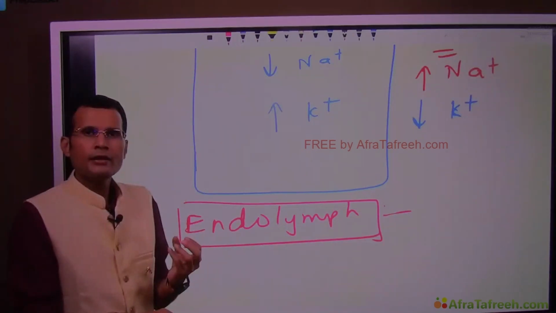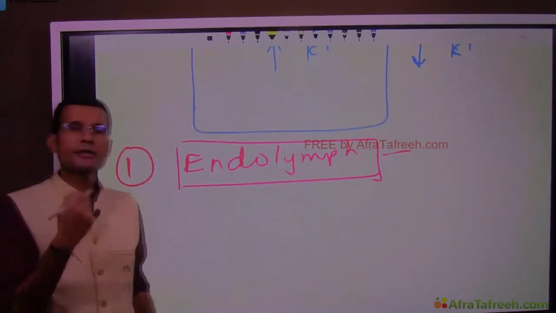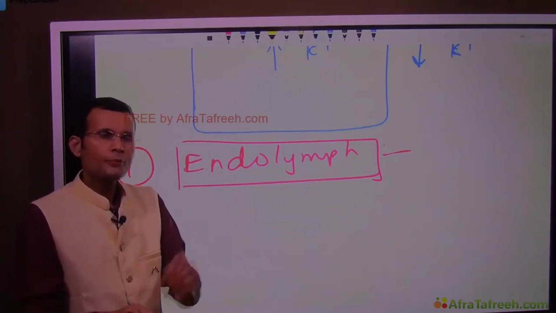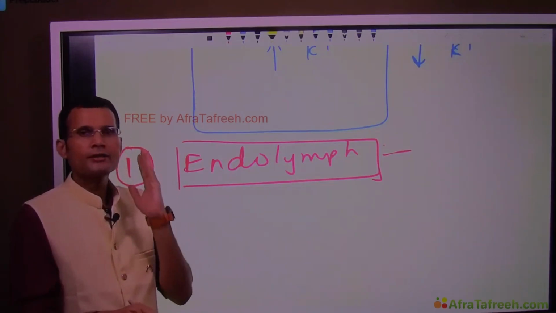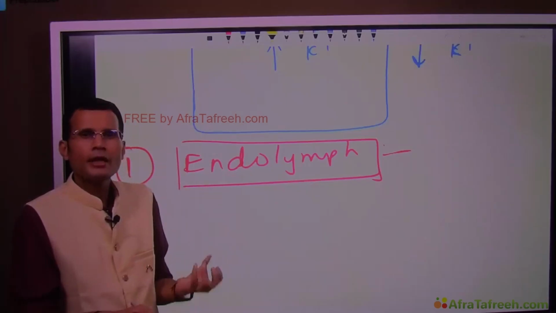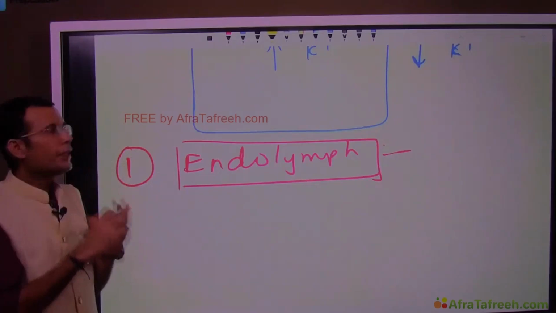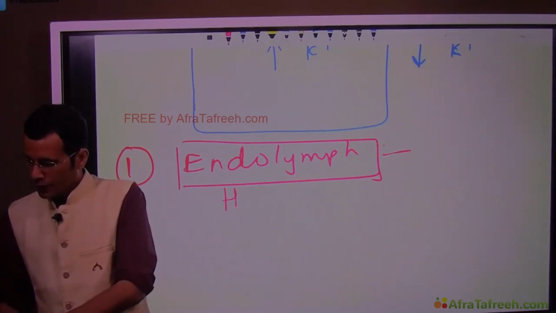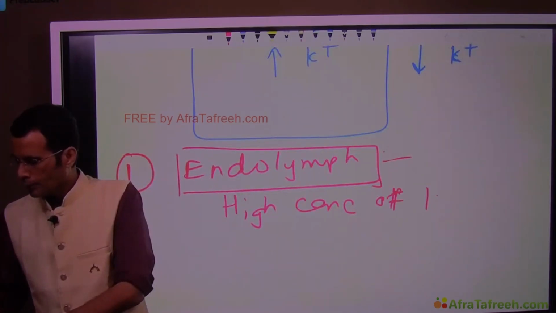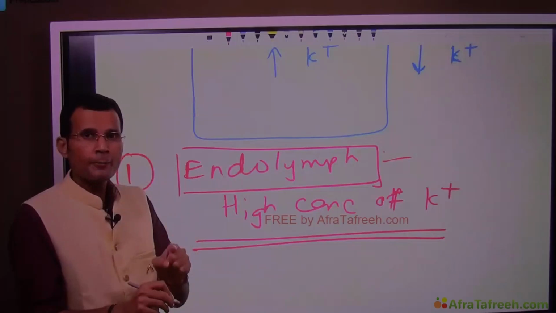The receptor cells are the hair cells, and those hair cells are surrounded by a fluid called endolymph. So in short, endolymph is a fluid inside our semicircular canals and labyrinthine organ or vestibular apparatus. This fluid has a high concentration of potassium. See, this is an extracellular fluid, okay?